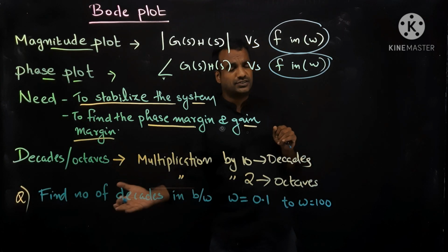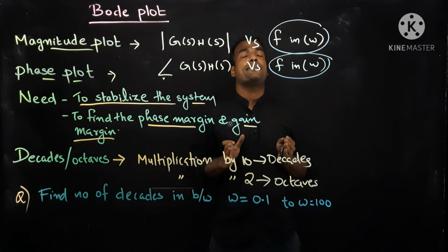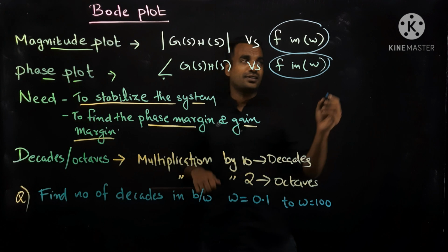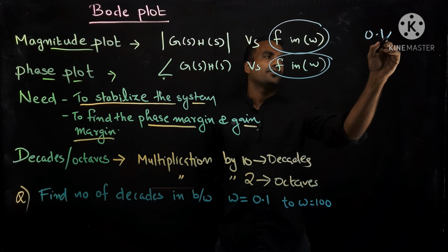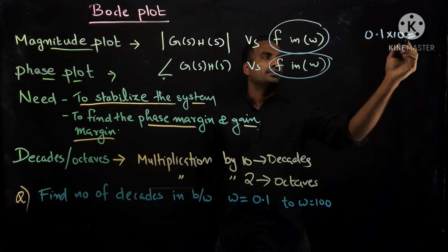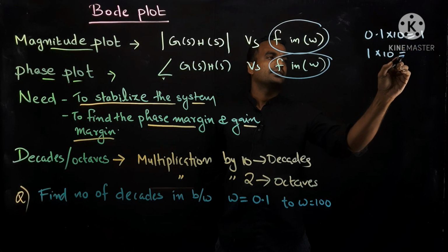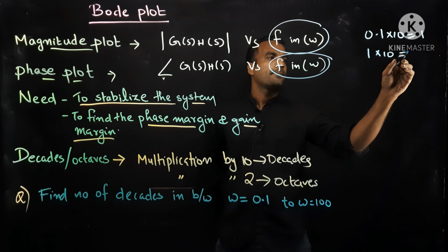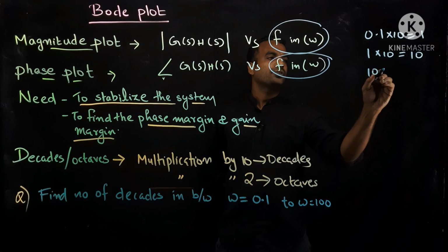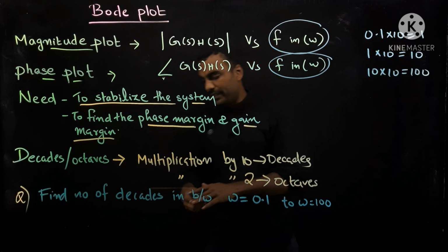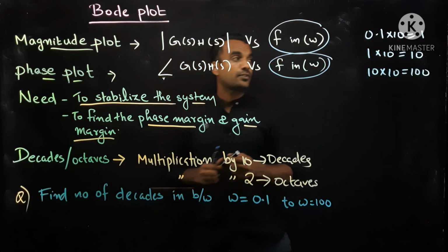So what is my first question? Find the number of decades in between omega equal to 0.1 and 100. It's very simple. 0.1 to 1, 1 to 10, 10 to 100.